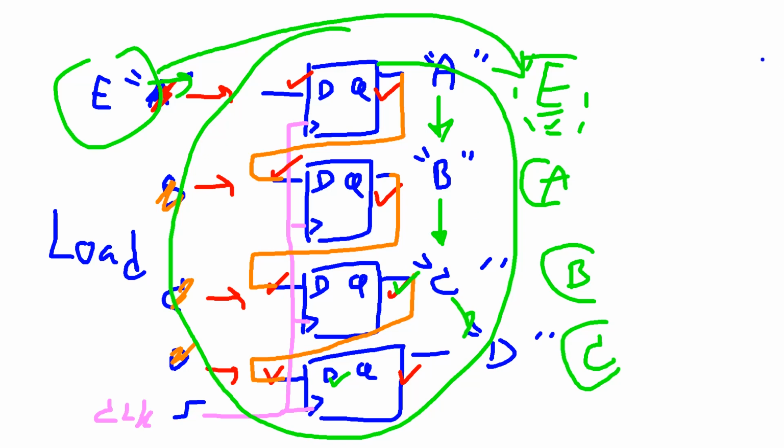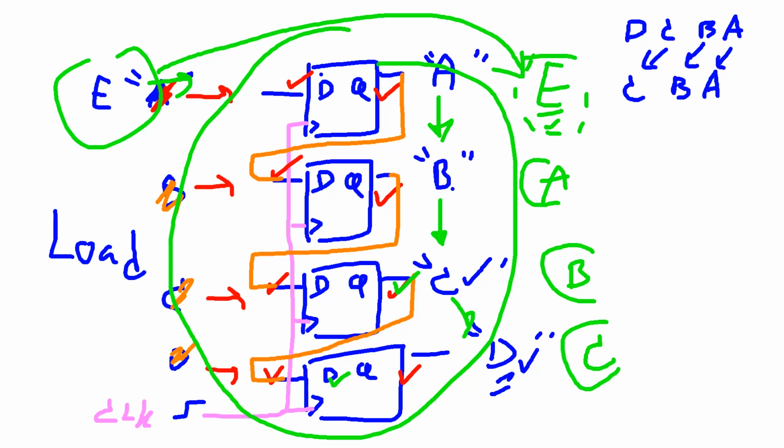So if you see the behavior, maybe if I write something like this, D C B A. Then when the clock ticks, C shifts to this, B shifts to this, and A shifts to this, and an input from outside, the external input, replaces it here.